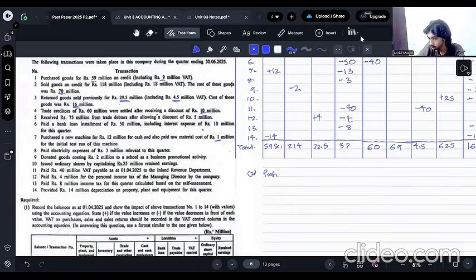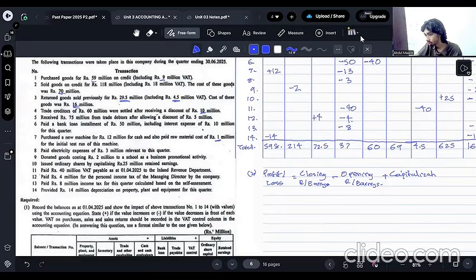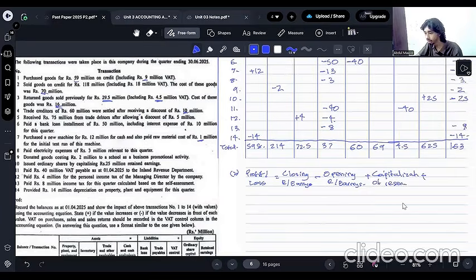Profit or loss equals closing retained earnings minus opening retained earnings plus, to reverse it, capitalization of reserve, plus dividend paid.